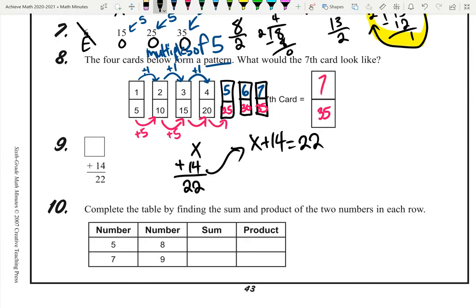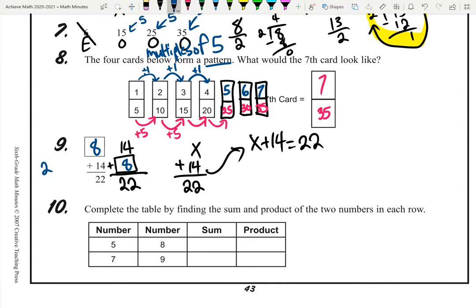Now, before I go ahead and review how to solve an equation, I want you to just think, what number from 14 makes 22? Think of it as this: 14 plus something equals 22. That way, when you're counting from 14, you can go ahead and analyze that it is 8 spaces away.